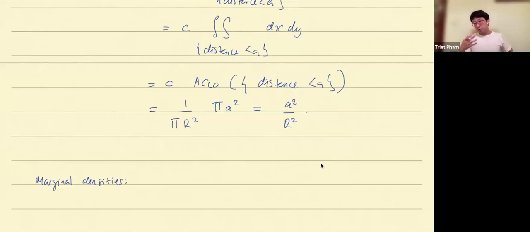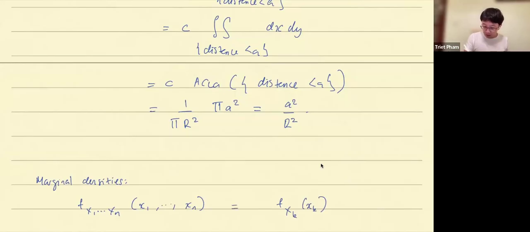Just like marginal distribution function. So suppose you have the joint PDF like this, and you want the PDF of, let's say, x sub k. What can you do?